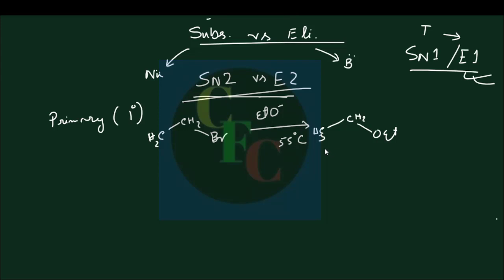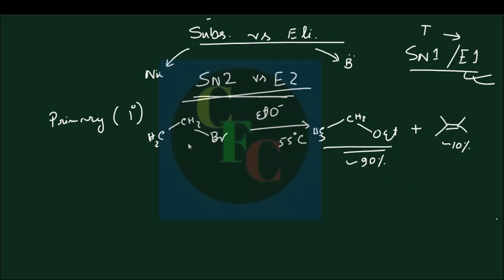So this is the main product, nearly 90% of it, whereas you get the minor product, the ethene, as nearly 10%.